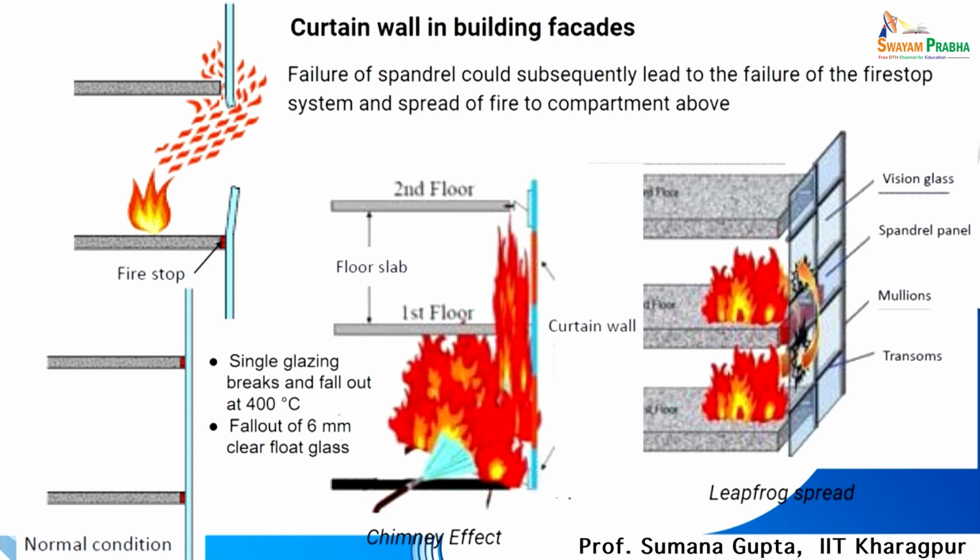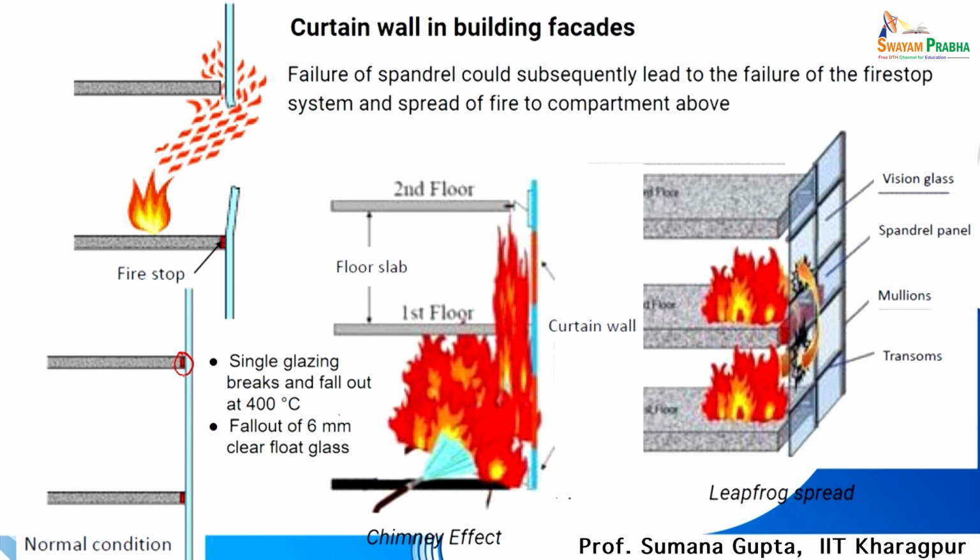So, it may happen that you can see here there is a ceiling, which may melt and allow the fire to go up.